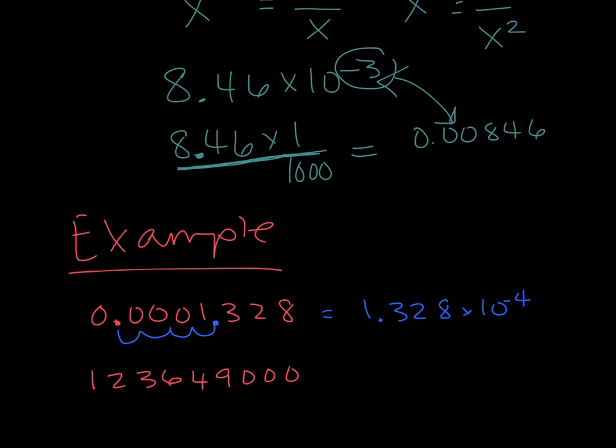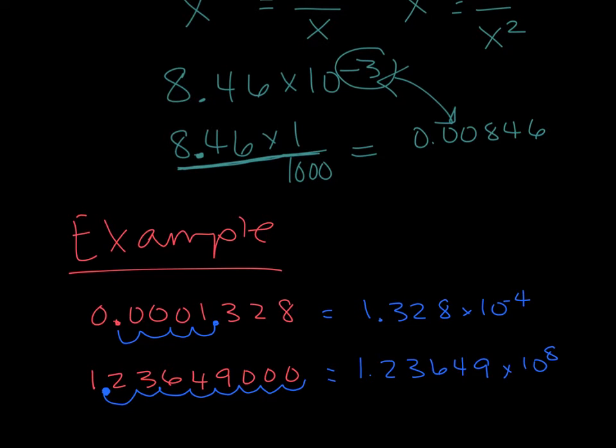So I'm going to move the decimal all the way back to here. And so we have an invisible decimal at the end of the number. So there's 1, 2, 3, 4, 5, 6, 7, 8 places that I had to move. And so that's going to be 1.23649 times 10 to the 8th.